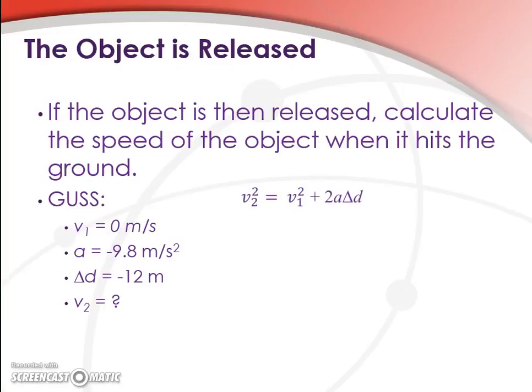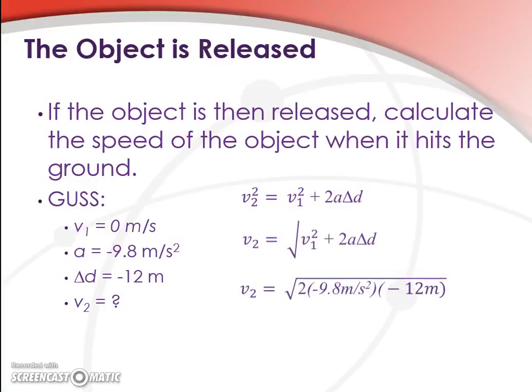And using our equations from the kinematics unit, v2 squared equals v1 squared plus 2a delta d. v2 equals the square root of v1 squared plus 2a delta d. Substitute in, and we get v2 equals 15.3 meters per second, rounded to 15 meters per second for significant figures. No big deal.